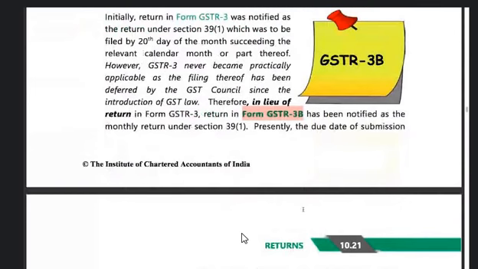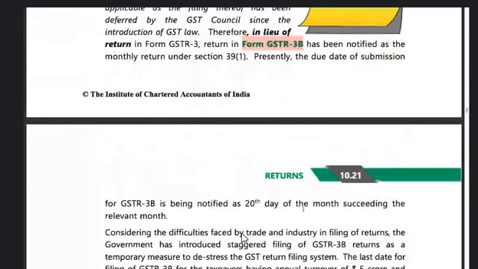The return has to be filed by the 20th of the succeeding month. So if you have to file GSTR 3B for the month of January, the due date is 20th of February.